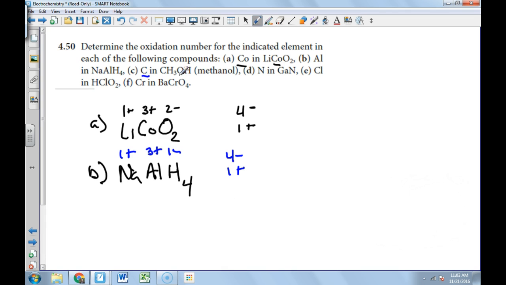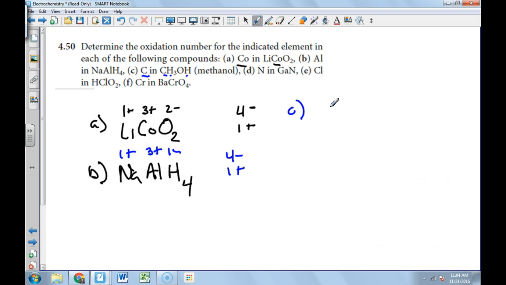So now C in CH3OH. Okay? This is mainly about knowing the rules of oxidation states.